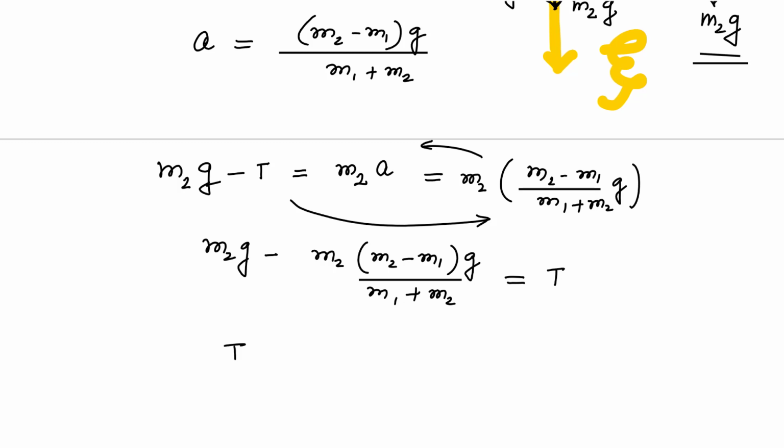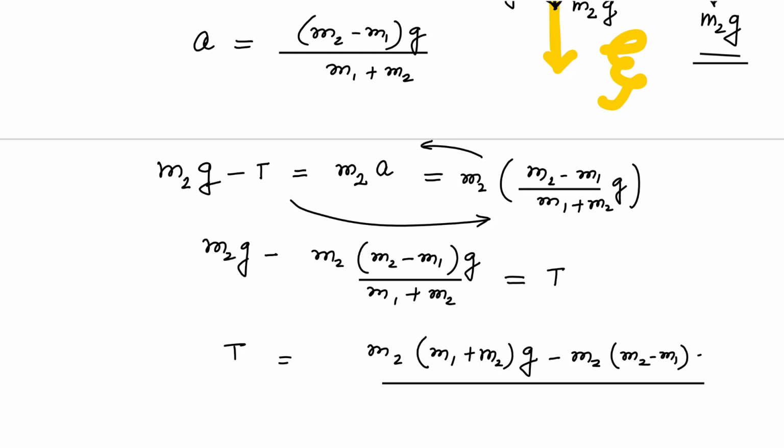So I can write tension is equal to m2 into (m1 plus m2), and this g is also here, and this is m2 times (m2 minus m1), divided by (m1 plus m2).